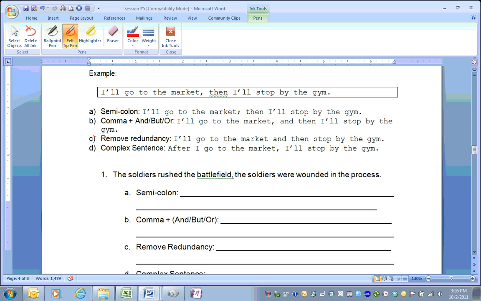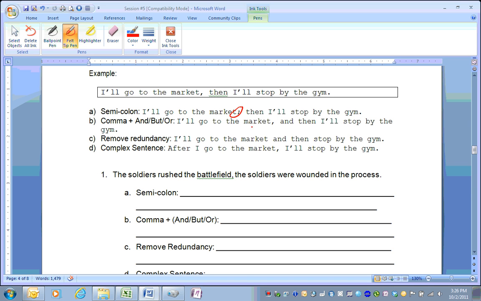It is a run-on. It doesn't sound very obvious, but we'll just go with this anyway. So you put a semicolon: I'll go to the market; then I'll stop by the gym. So that could work.